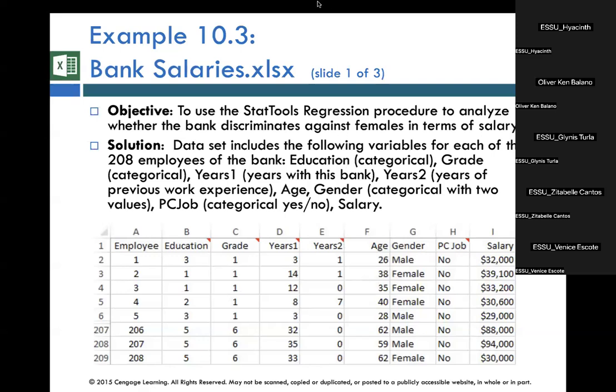So in these parts, we can say these variables are dummy variables: gender and job. Because we can convert this one into 1 and 0, and this also into 1 and 0.